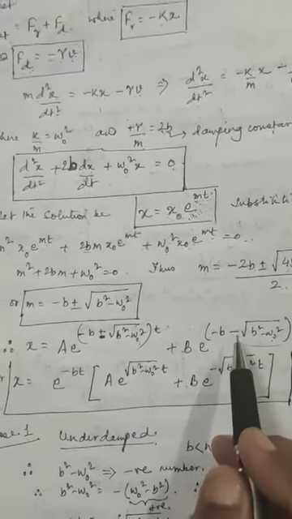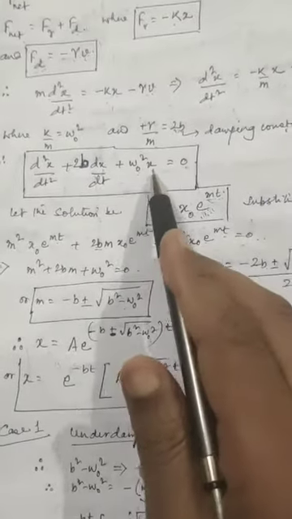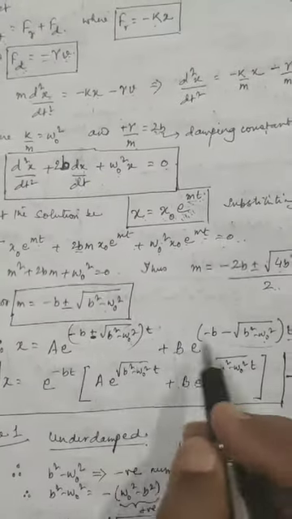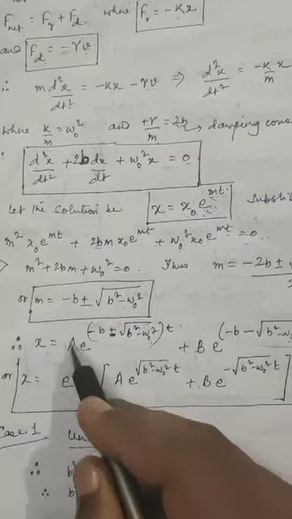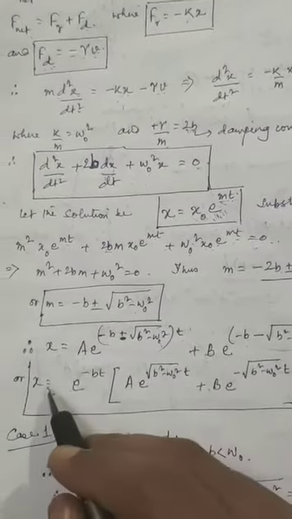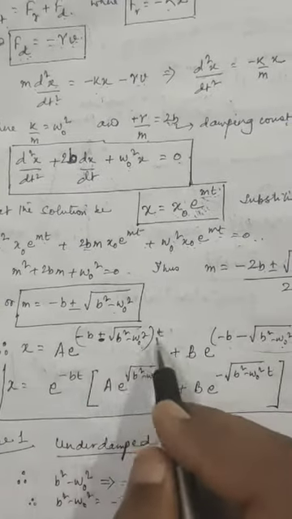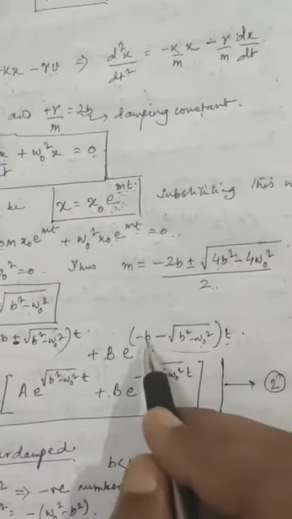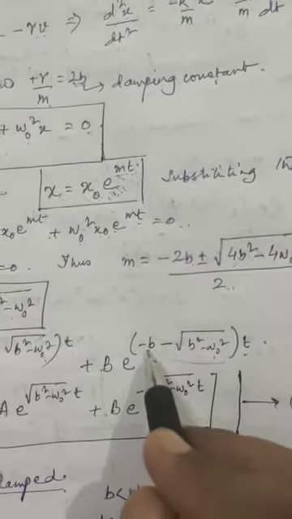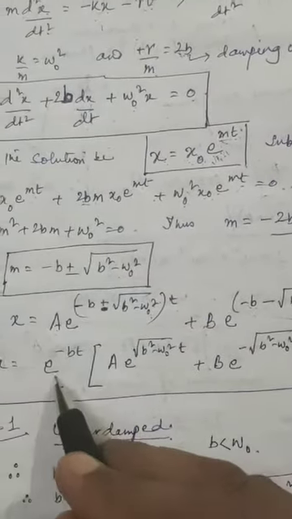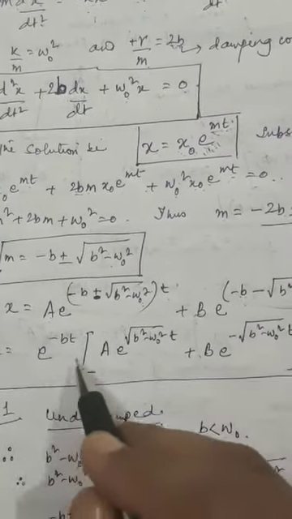So the general solution of this differential equation will be the sum of these two solutions with some unknown constants a and b. So you have x as, I can take e to the power of minus bt out, since minus bt is common in both.